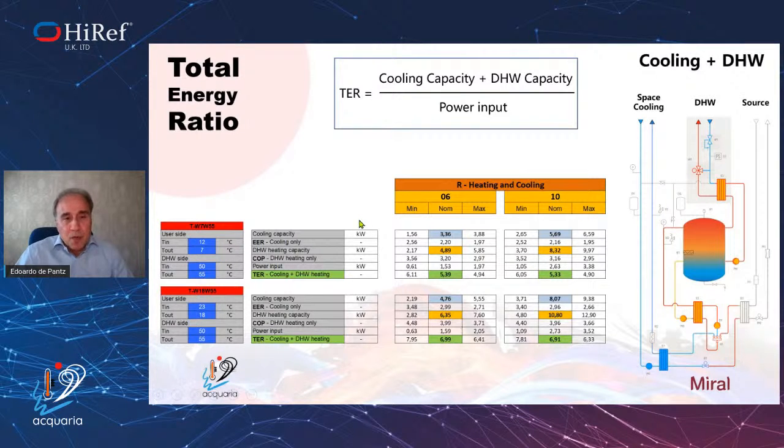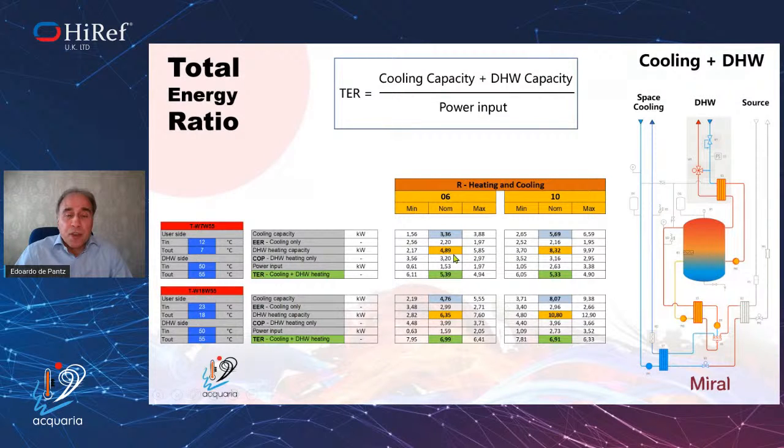In this situation, we have a cooling capacity, for example on the fan coil, of 3.36 kilowatt and an EER of 2.2. The efficiency of the cooling in this case is of course very low because I'm condensing at a very high temperature on the other side.